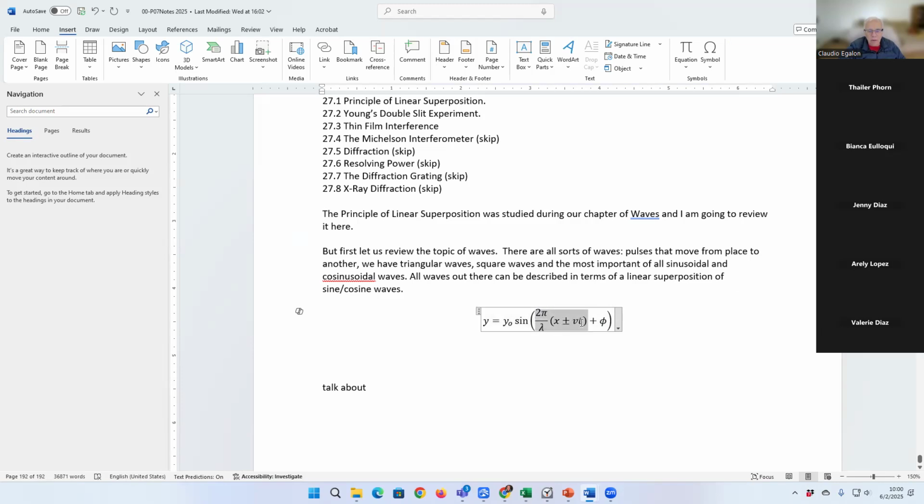This argument must be dimensionless. And phi is dimensionless because it's expressed in terms of radians, and radians is a unitless unit. So everything inside here is dimensionless. You cannot have the sine of 3 meters or the sine of 3 seconds.